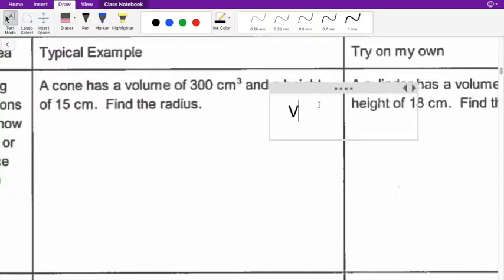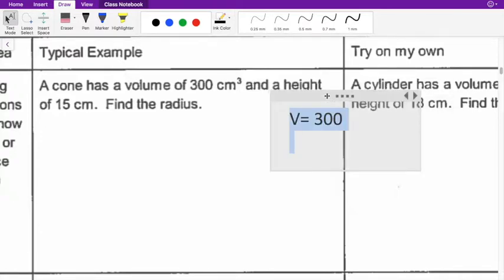So I know the volume equals 300. For right now, I'm not going to include the measurement totals because I've run into different questions. So height is equal to 15.